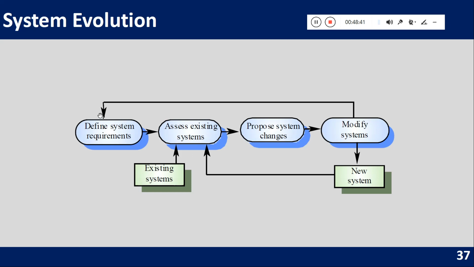The system evolution is that we define the system requirement, assess the existing system, propose the system changes, and modify the system, designing a new system.